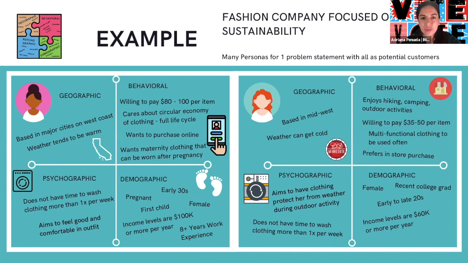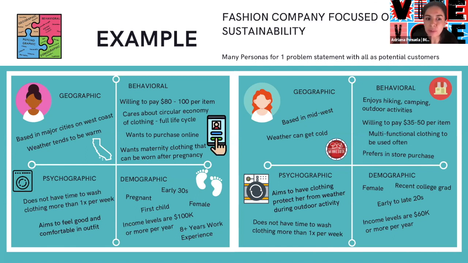We're creating a fashion company that is focusing on sustainability. This person is geographically located on the West Coast. The weather tends to be warm. Their behavior of purchasing is that they're willing to pay $80 to $100 per item.